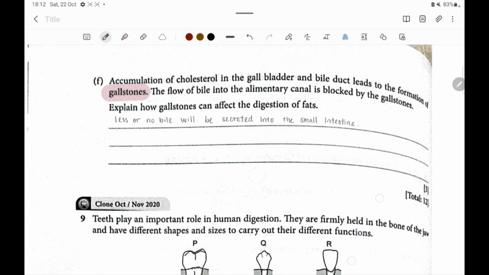And then the other one. Next point is emulsification of fat is reduced. Just like that.